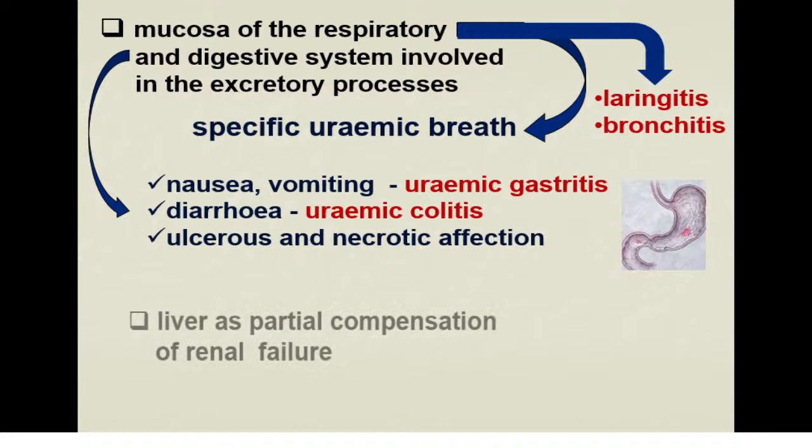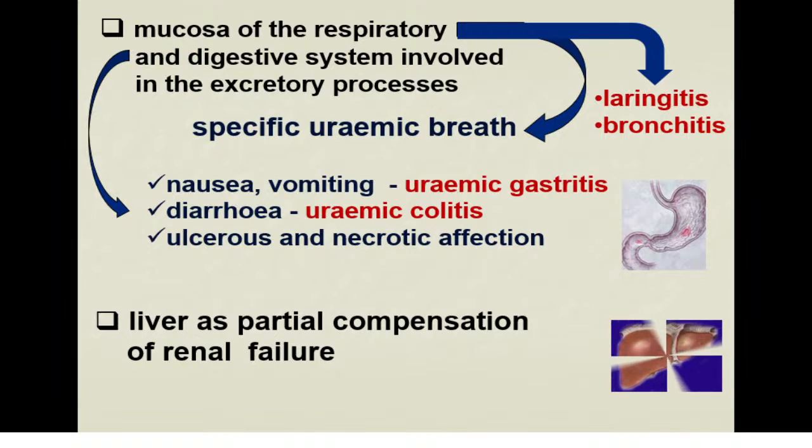A grave complication is gastrointestinal bleeding. The liver is involved early in the pathological process as a compensatory organ to prevent intoxication. Liver and kidney are both organs which control and protect our organism from intoxication.